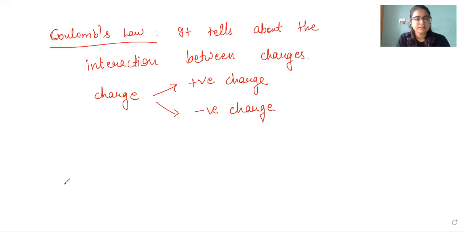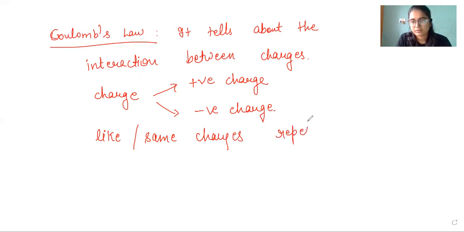You also know that there are some properties. Like charges, or you can say same charges, repel each other. Same means positive or negative. Same charges or like charges always repel each other.